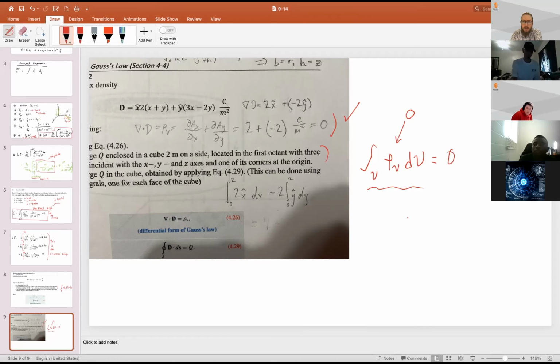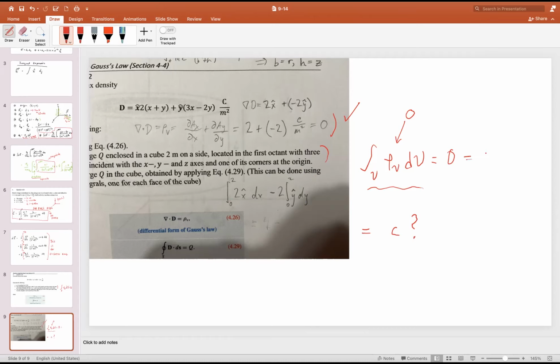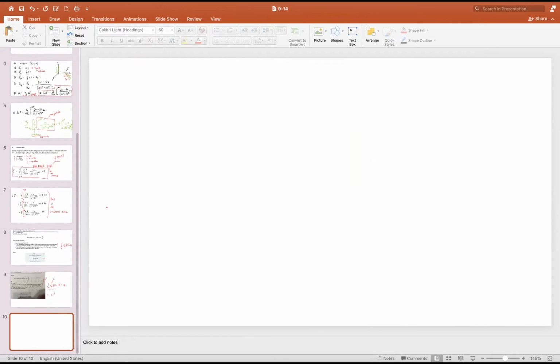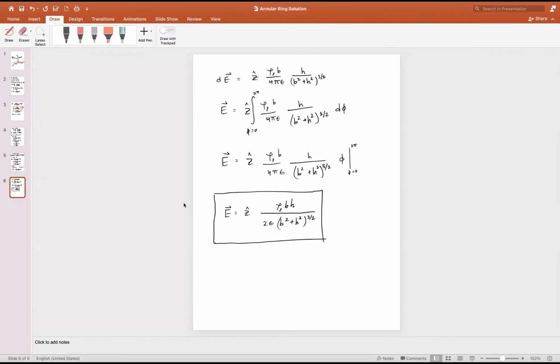Yeah, this will also be 0. So what in part C, what is part C going to be? What should that be? 0. It should also be 0, but it's a little bit harder to get because you'll need to do a summation of integrals. So there's 6 integrals that you'll need to do to finish part C.